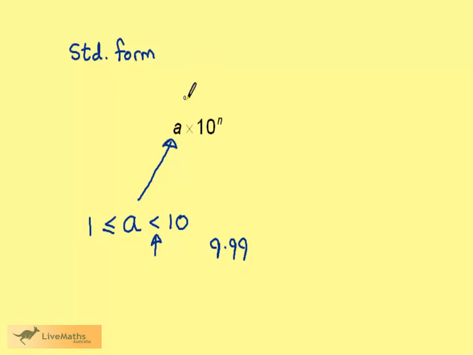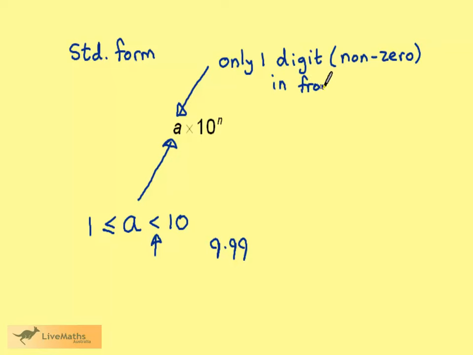The point is that any number like this would have just one non-zero digit in front of the decimal point. So any number between 1 and 10, not including 10, has one digit which is not a 0 in front of the decimal point. The n, the power on the 10, has to be an integer, a whole number.